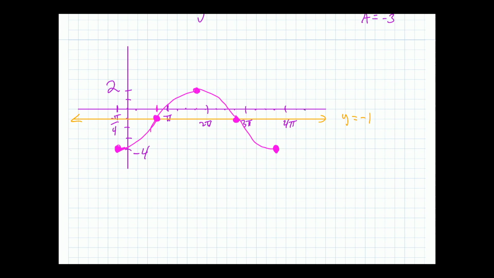So 1, 2, 3, 4, this would be 5 pi, and then 1, 2, 3, 4. That'd be 6 pi, 1, 2, 3, 4. That'd be 7 pi. And the points that we're doing are not actually there. They're one box before that. So we're at the bottom. The next one should be in the middle.